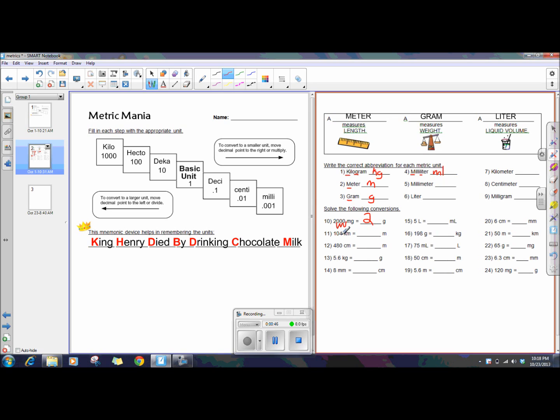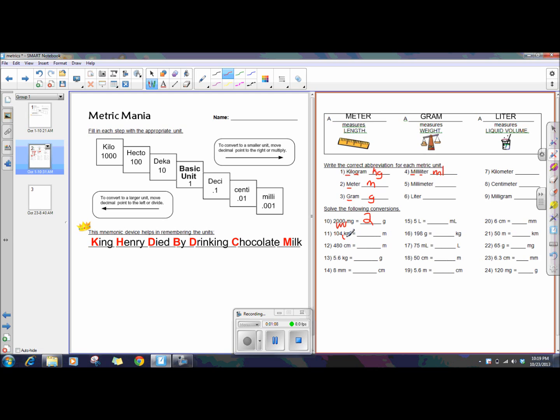Now I'm going from kilometers to meters. So I'm starting at kilometers, and I'm going down the staircase. So to convert to a smaller unit, move decimal point to the right, or multiply. I want to go 1, 2, 3 places to the right. And I don't have a decimal point, so it automatically starts at the end.